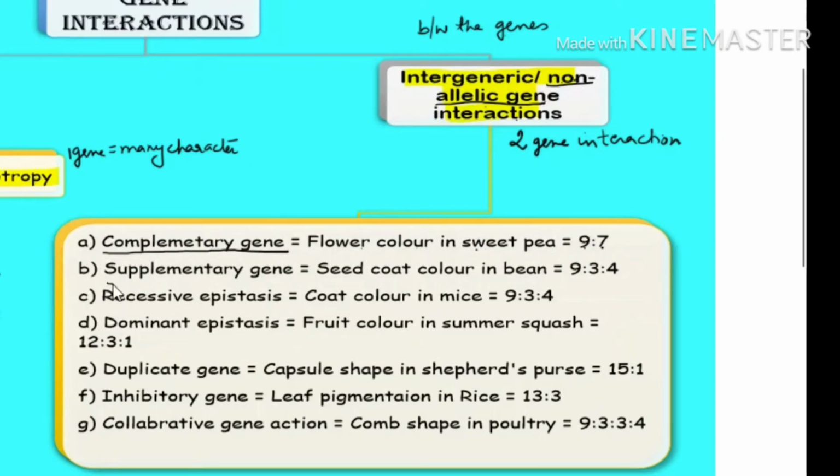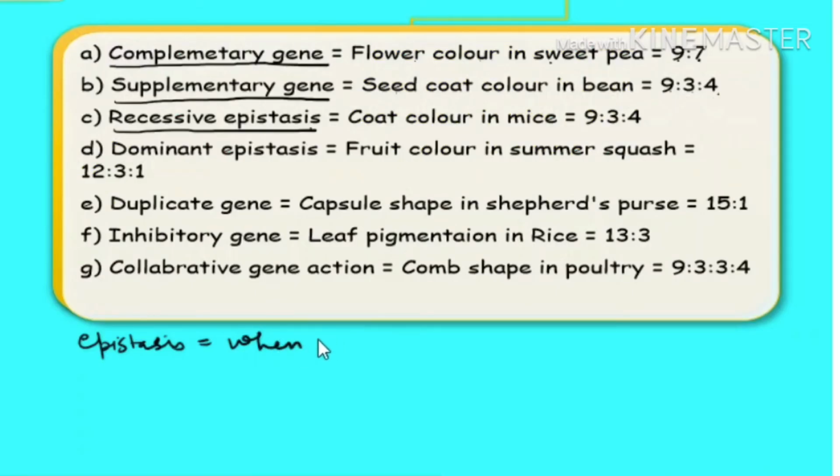Another is supplementary gene interaction, which is studied in seed coat color in bean, where the ratio is modified to 9:3:4. Now recessive epistasis. Epistasis is when a non-allelic pair suppresses the expression of another non-allele.